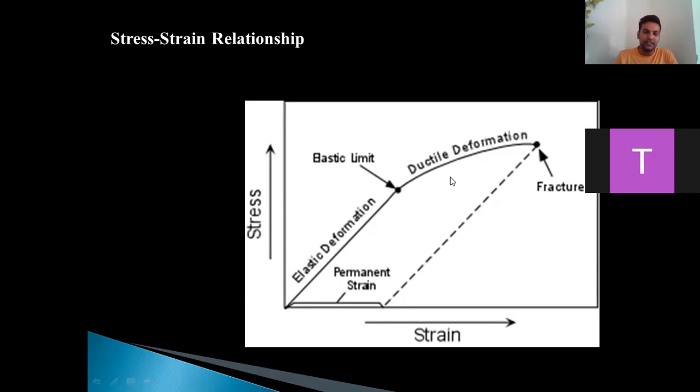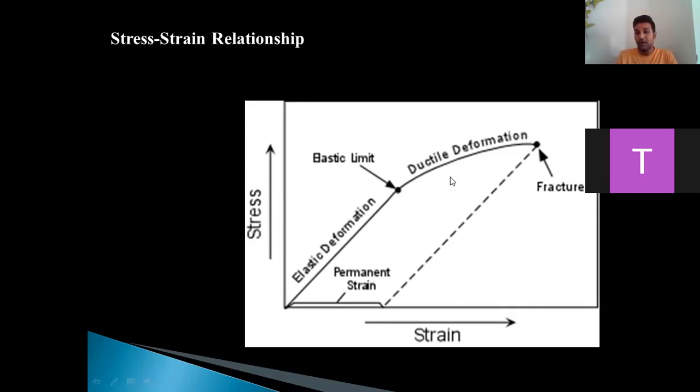The amount you increase the stress, a similar amount will be seen in the strain, up to the point which is known as the elastic limit. This elastic limit defines that below this, if you release the stress, the object or the rock will regain its original shape and size.